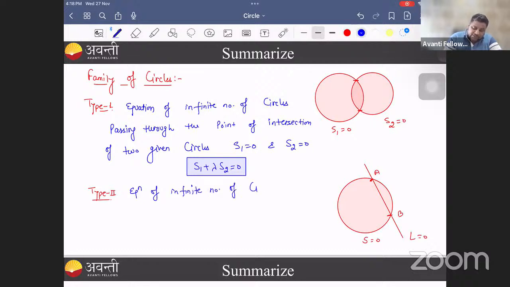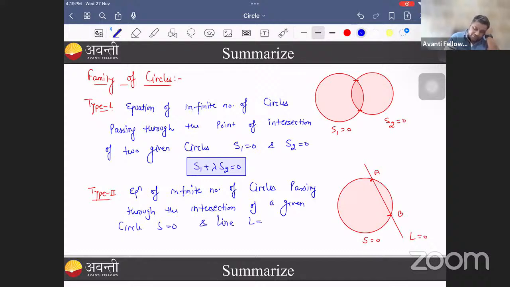So this is the type: equation of infinite number of circles passing through the intersection of a given circle S equals to 0 and line L equals to 0 is S plus lambda L equals to 0.